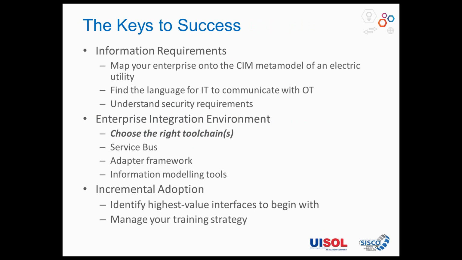If you define all of the information requirements you have, and you identify them and get that data turned into information, all of a sudden you understand security issues, you understand the meta model of your enterprise, you can communicate with people, and it really helps. So information requirements are important.